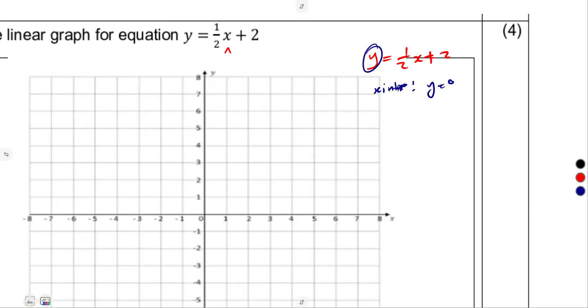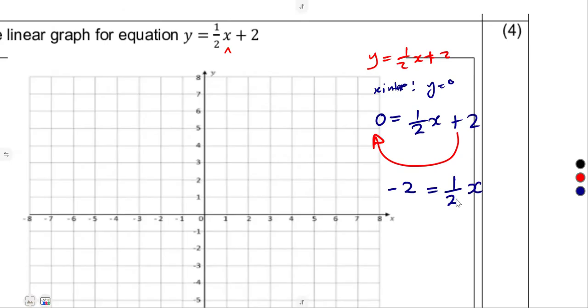So y is equal to 0, you substitute that: 0 is equal to half of x plus 2. So you solve for x. Take the 2 to the other side, it was going to be a negative. Negative 2 is equal to half x. You want to solve for x. So what can you do?